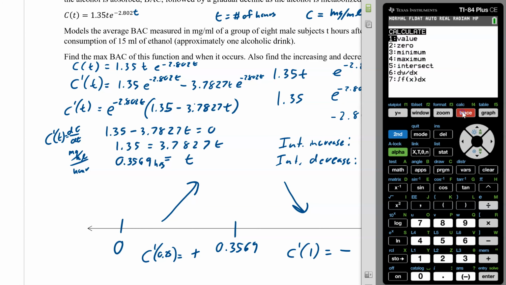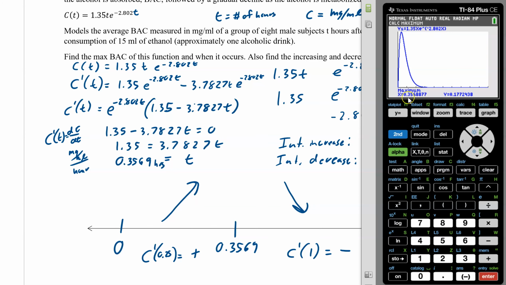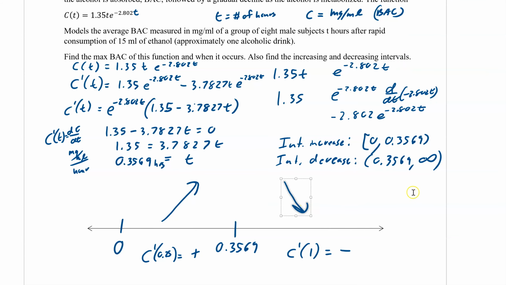So if we go second calc, maximum, number 4, we know a left bound would be 0 because that was our window, and a right bound would be 10 because that's our window. We enter and it says 0.3569. That's exactly what we got. And then what it also tells us now is our max BAC, so it's 0.177.